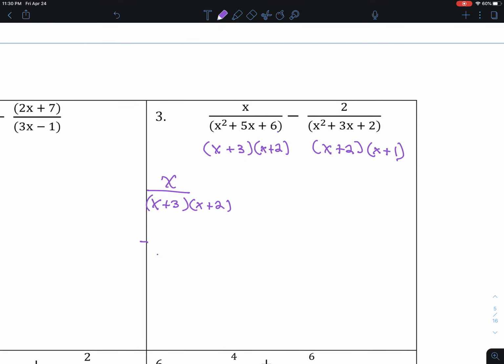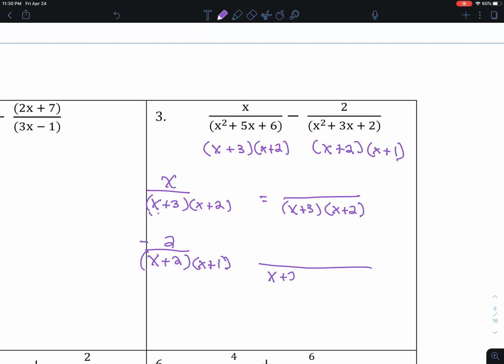All righty, minus 2 times x plus 2, x plus 1. So we know that the least common denominator has to include all of this, at least x plus 3, x plus 2, and this one has to include x plus 2.